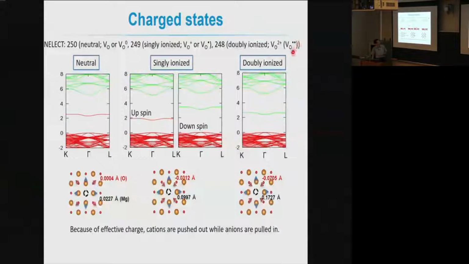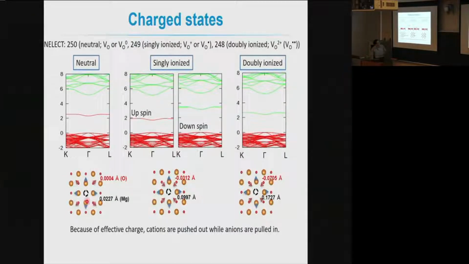So you can calculate a charged defect simply by reducing the number of electrons used in the computation. In the doubly ionized case, the defect level is completely unoccupied, and this appears in a blue-green color.